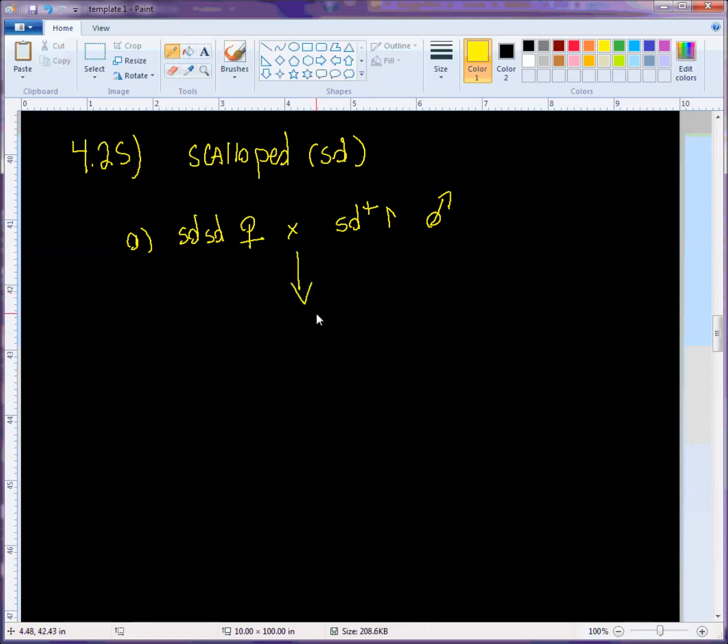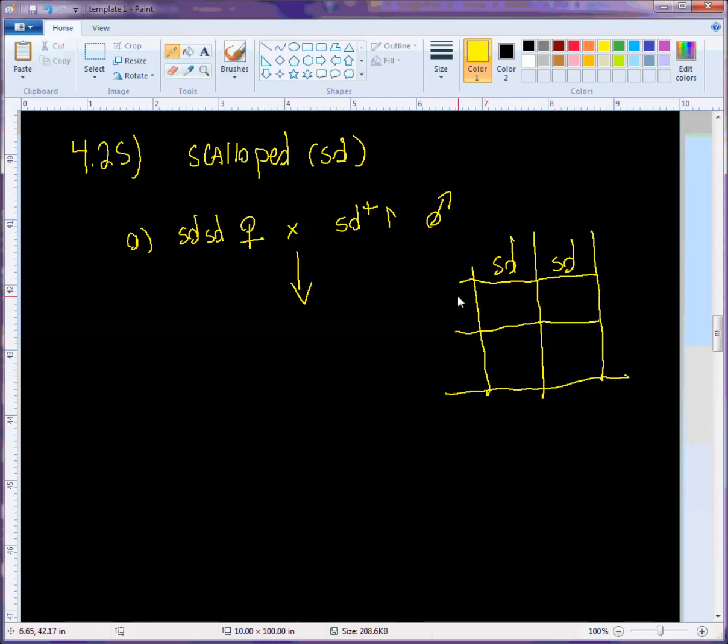What's going to happen? Well, let's make the Punnett square. We could probably do it in our heads, but sometimes it's easy just to diagram it with a Punnett square. Easier to do that than just do it in your head.